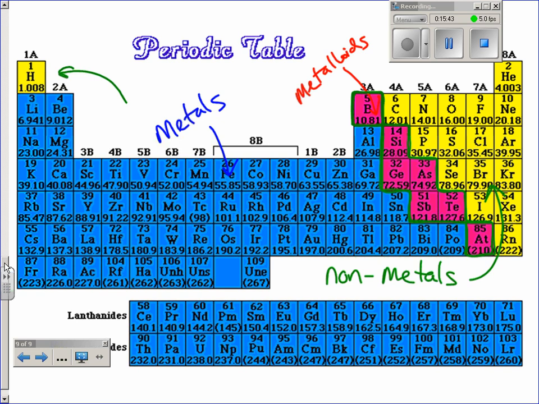Now, there are certain characteristics about each of those three types of substances. You can find those in the book.